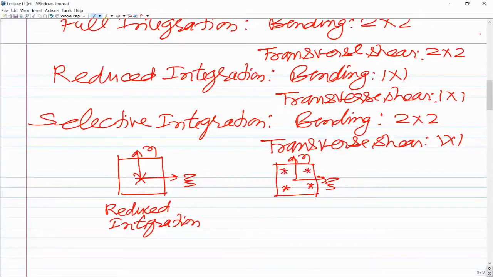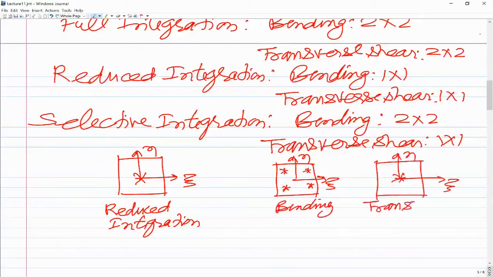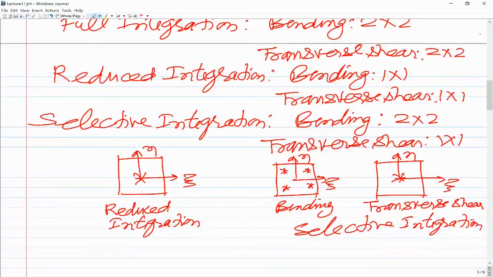This is for the bending, and the transverse shear is evaluated using one integration point. There is only one integration point for the transverse shear. So this is selective integration, and we prefer to use selective integration basically.